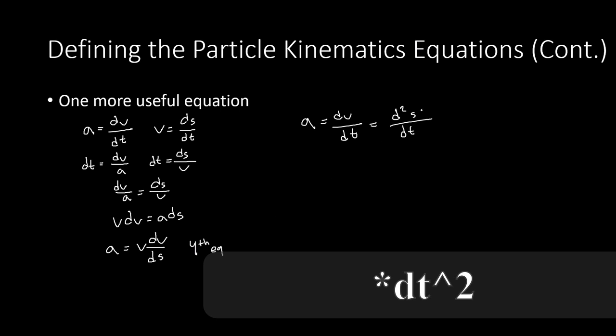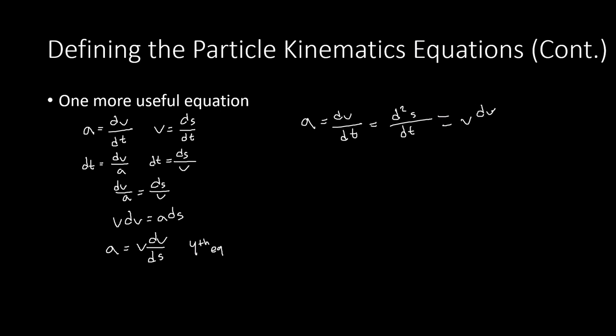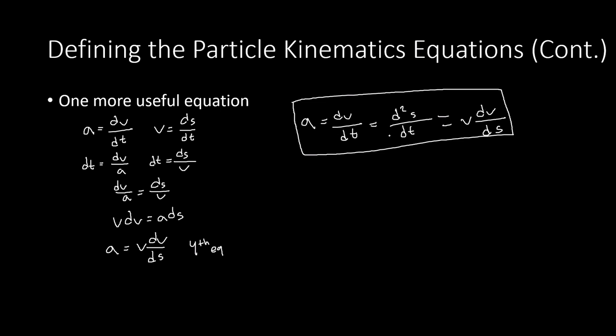And then if we take our fourth one down here and we throw that in, we know that it's equal to velocity times the derivative of velocity with respect to position. So this is a really good generalized equation to remember, and you should be able to solve any rectilinear kinematics with any of these relationships here.